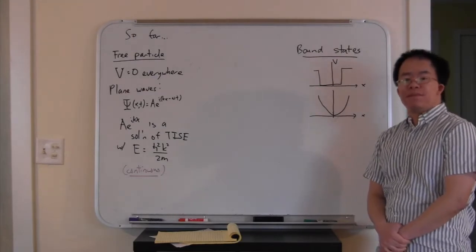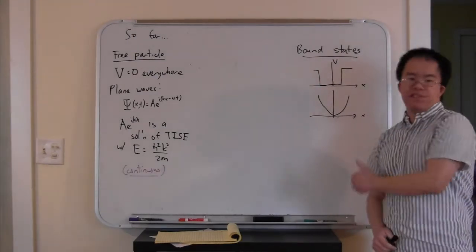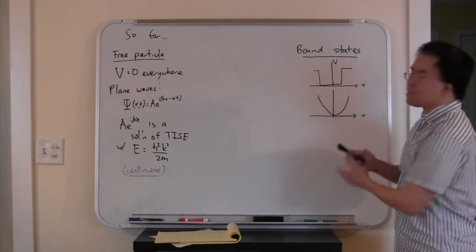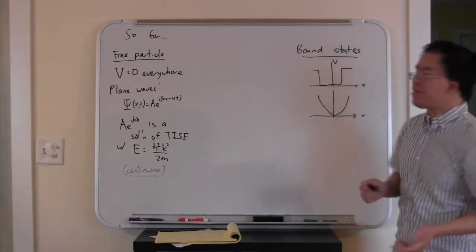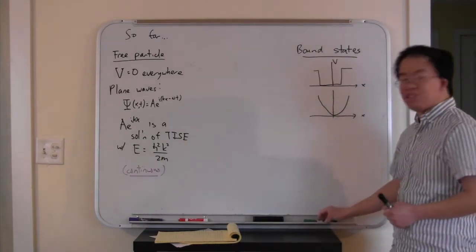The other thing that we've spent a while looking at is bound states. So we've looked at things like finite wells and infinite wells, and last time the harmonic oscillator.